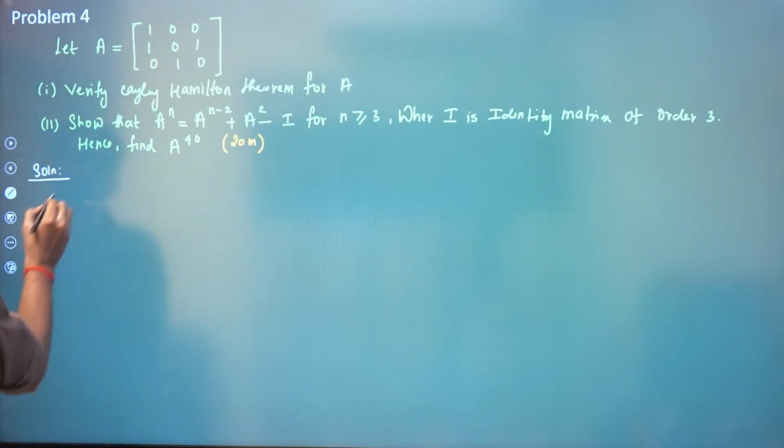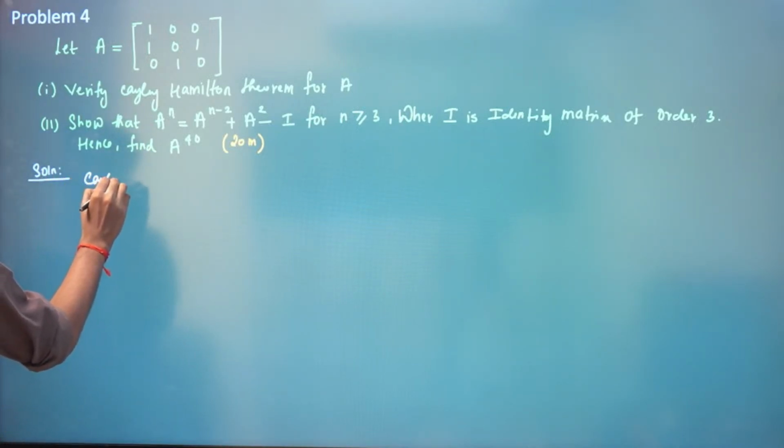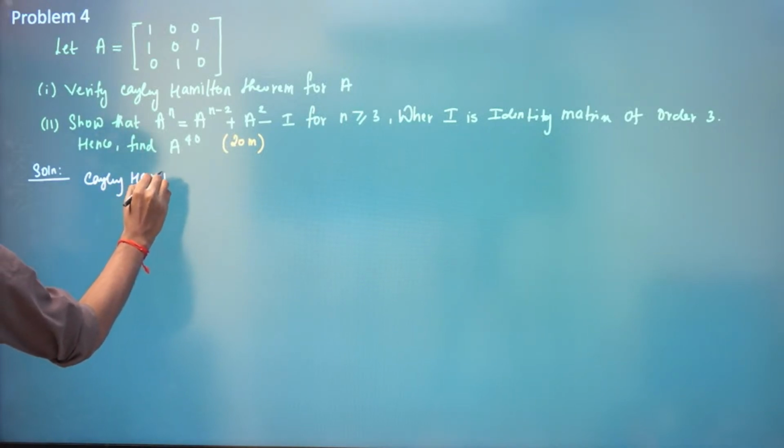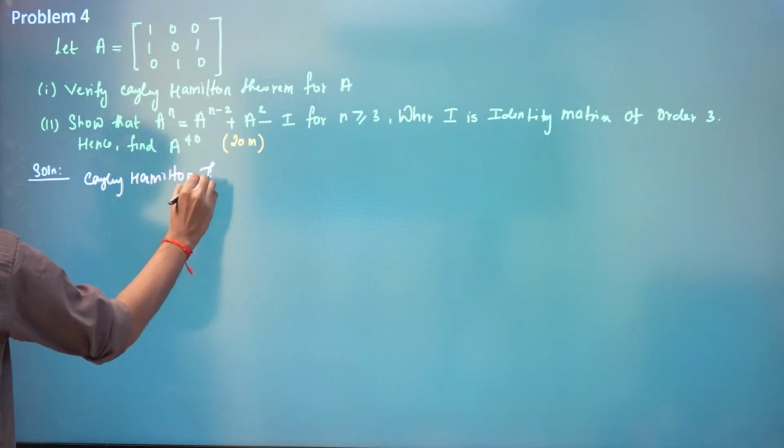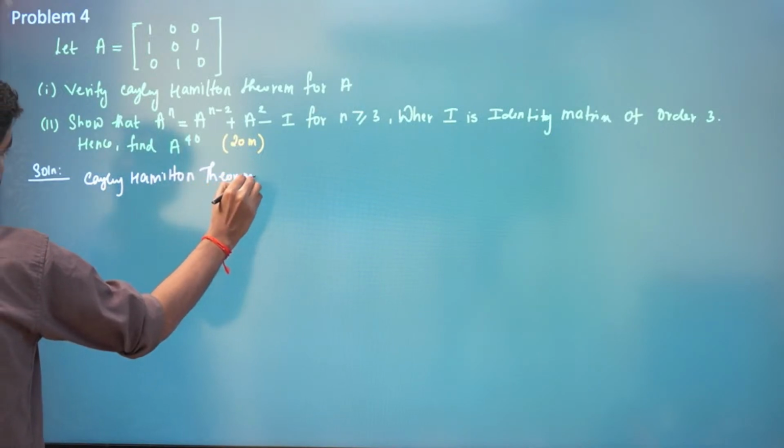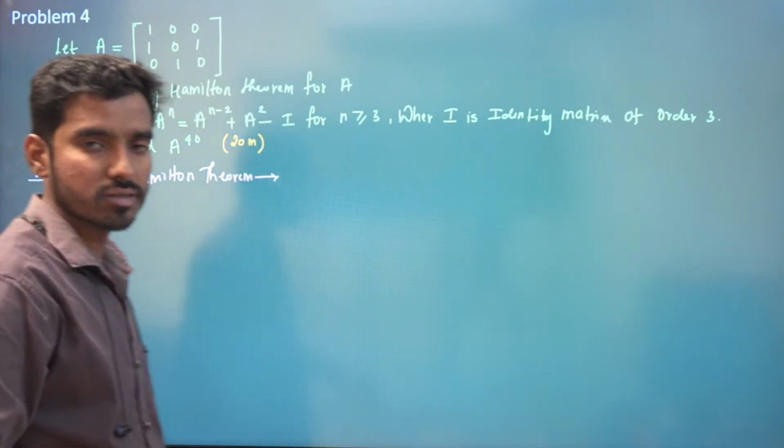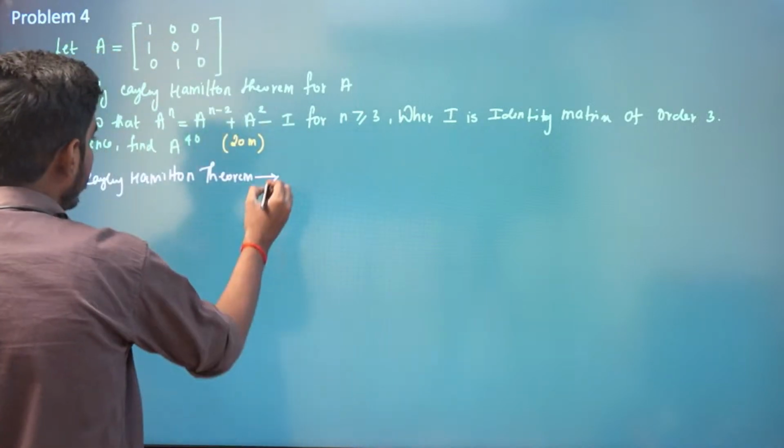So what does the Cayley-Hamilton theorem say? Every square matrix satisfies its own characteristic equation, right?